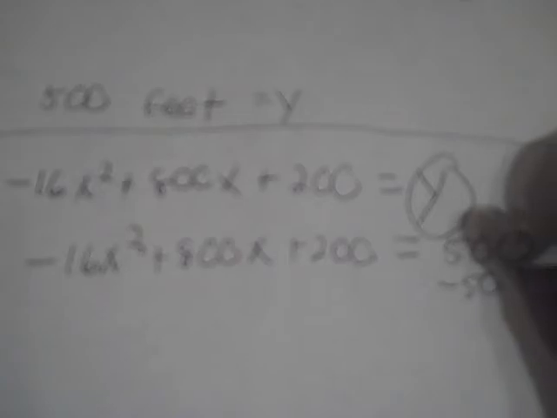All right, now we've got to solve it. What letter do we have? We have x. It's to the second power, so that's going to be two answers. And we have x to the second and x, so we are going to have to do our factoring procedure. Now, make sure you have equals 0, and we don't, so we need to subtract that 500.